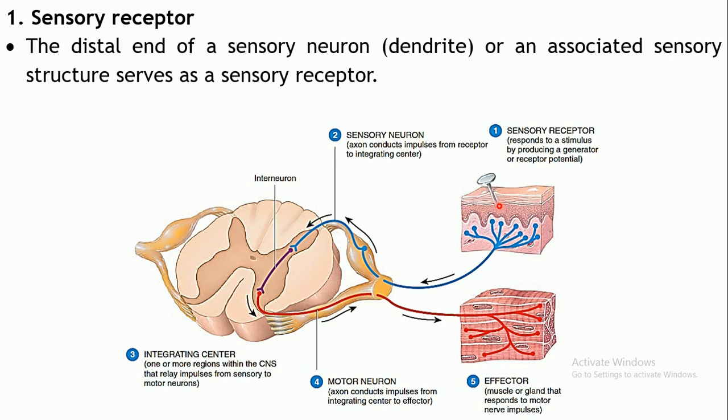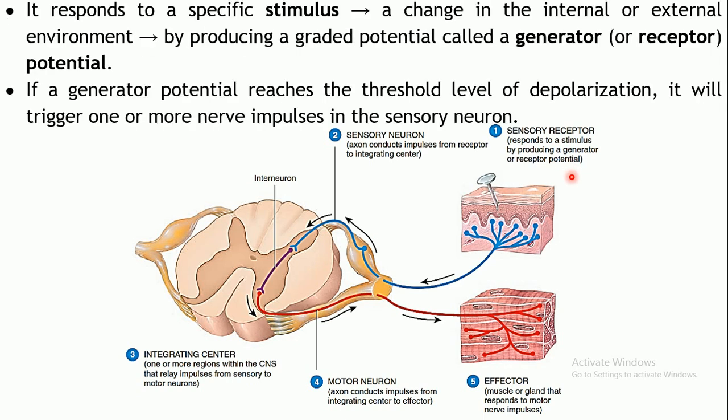So that's a reflex. So this is a sensory receptor which responds to a particular stimulus and it produces a graded potential called a generator or receptor potential. Now if this graded potential reaches the threshold level, remember the threshold level, minus 55 millivolts, it will result in depolarization.